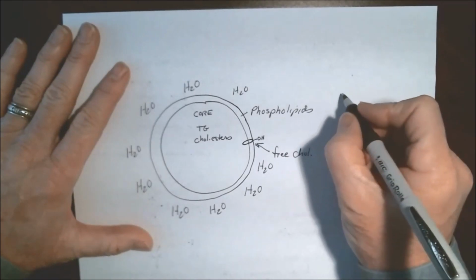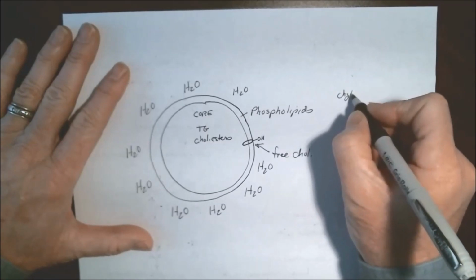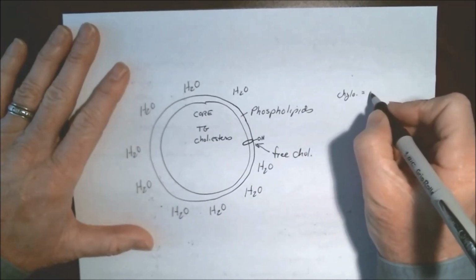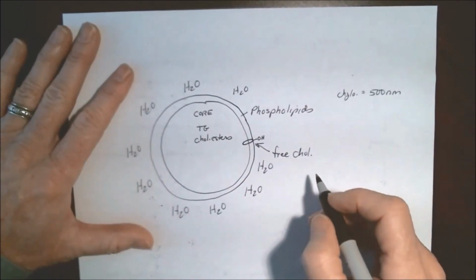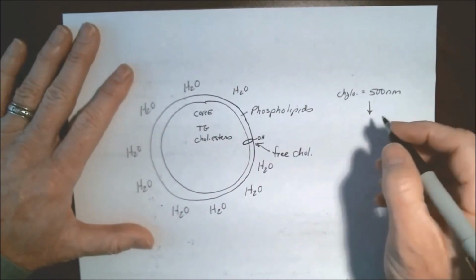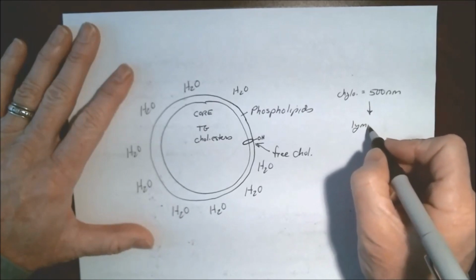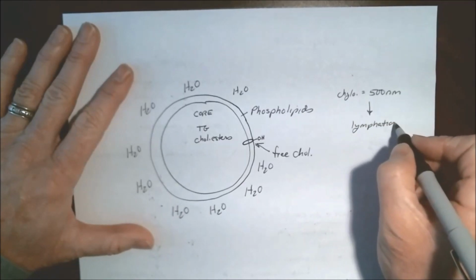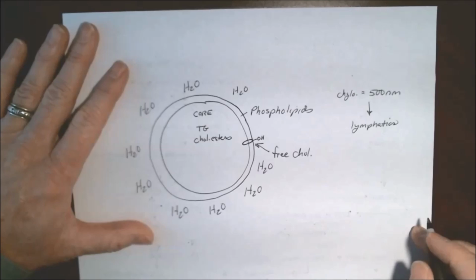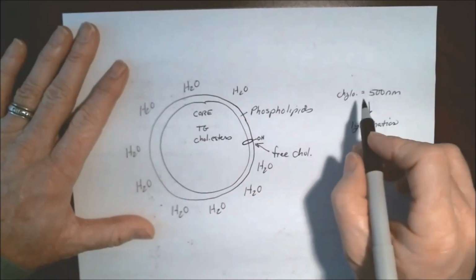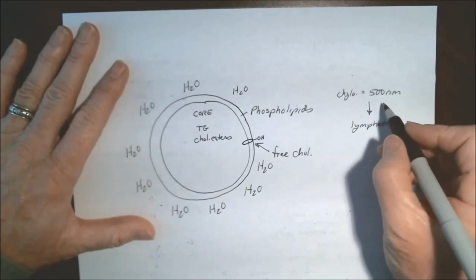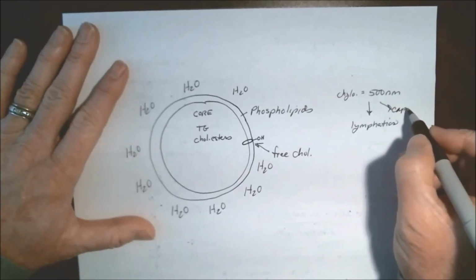Now remember, we also talked about that these chylomicrons are approximately 500 nanometers in size, and so these will enter the lymphatic system in the intestine because they are far too big to enter the capillaries.